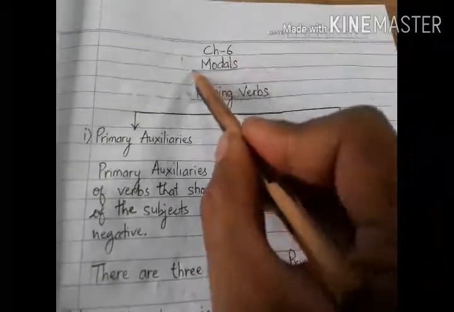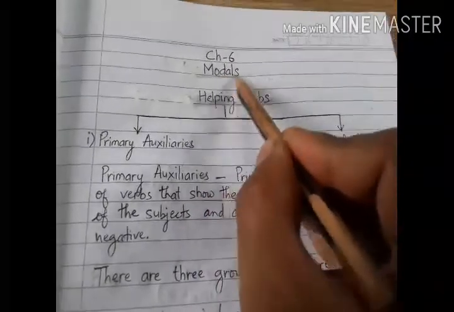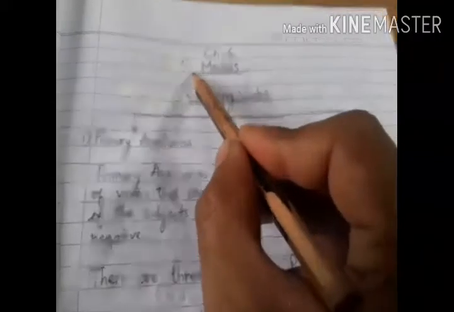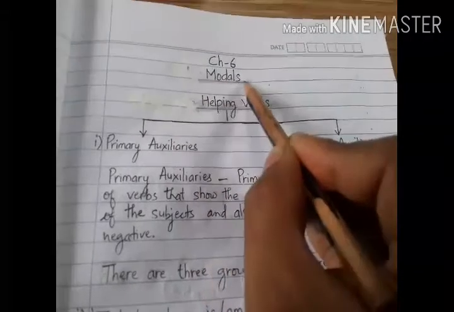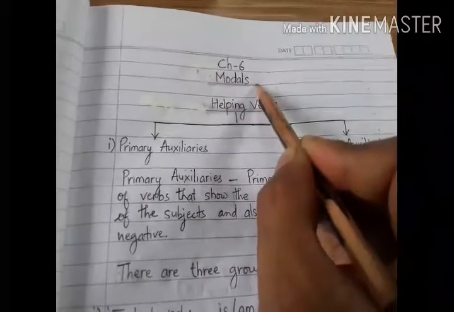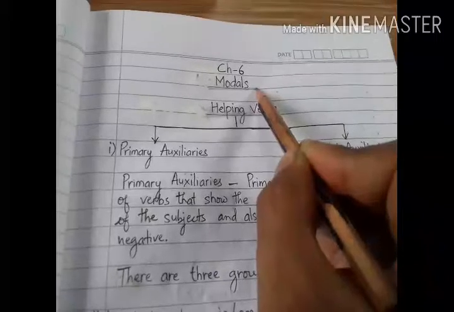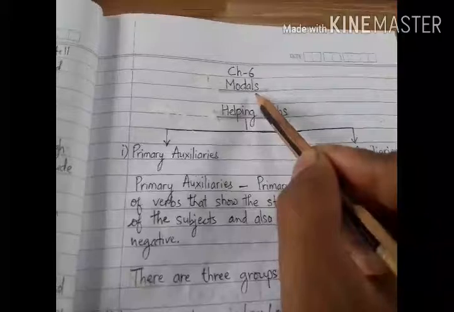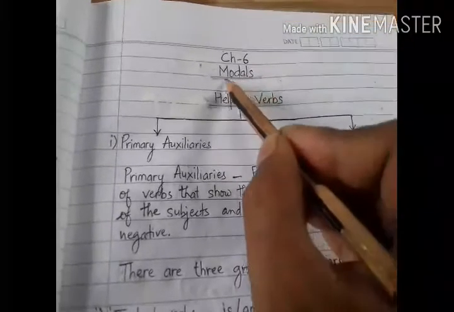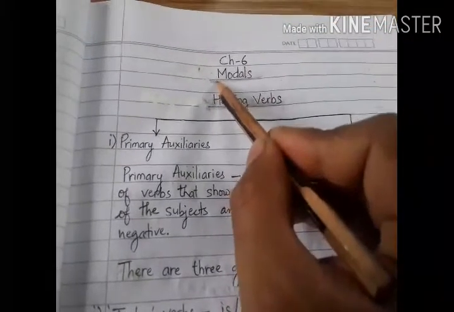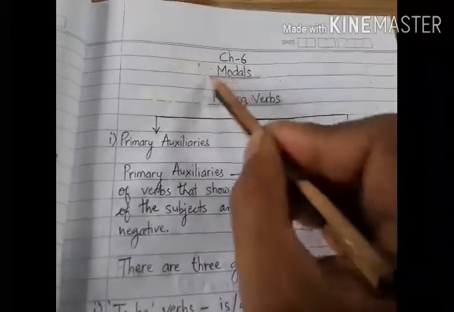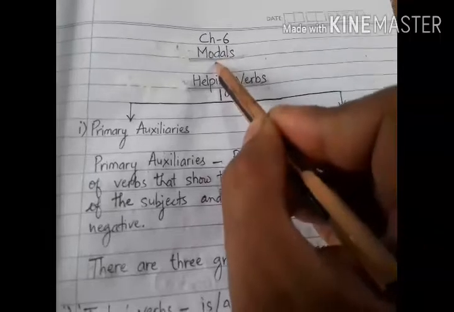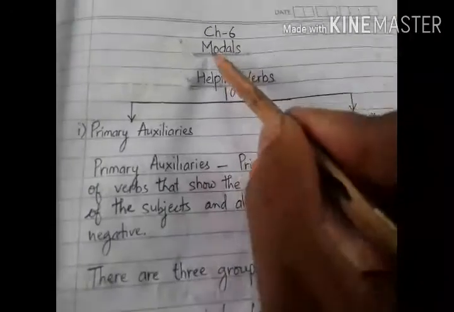Modals are helping verbs that help or assist the main verb in sentences to express the action of asking permission, the action of showing ability, suggestion, possibility, intention, etc. To show all these kinds of actions, we need the help of modals to be used with the main verbs.